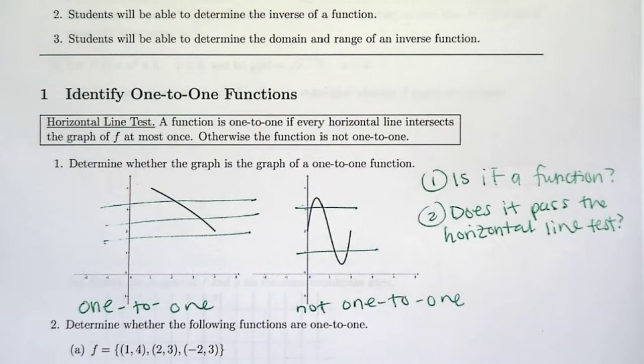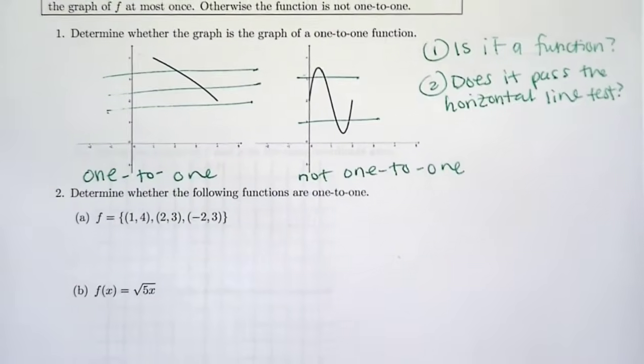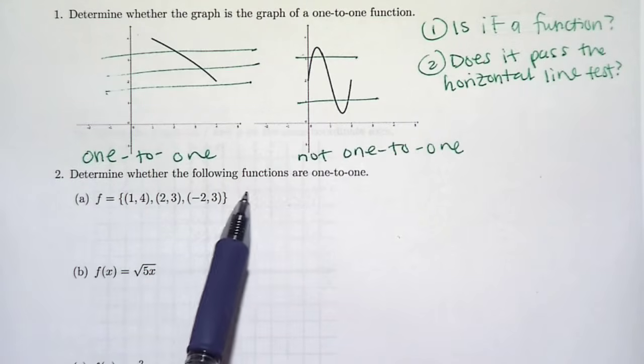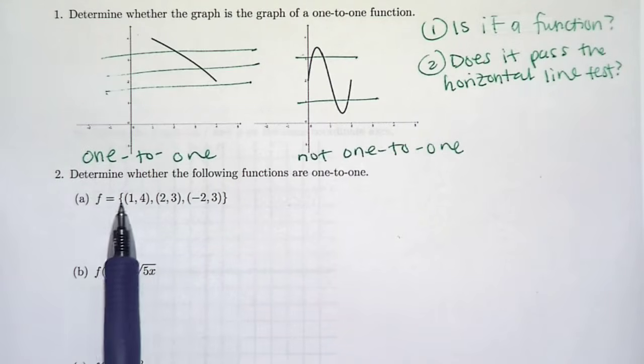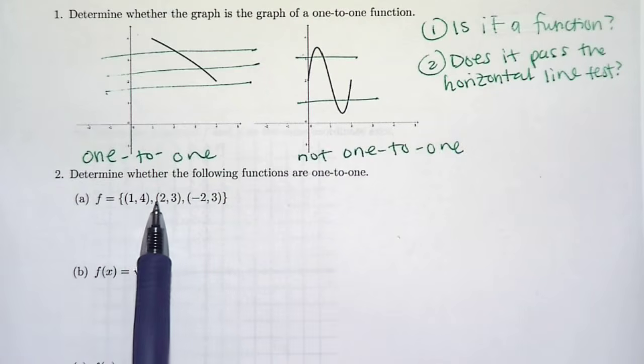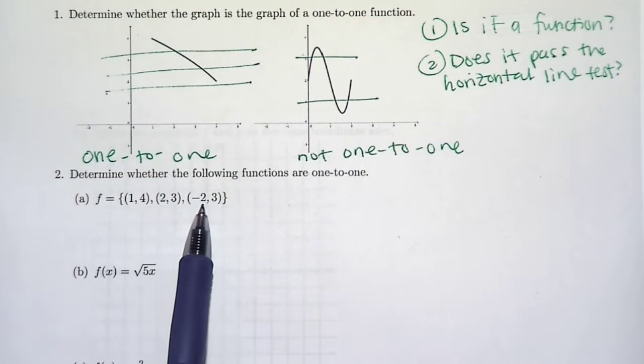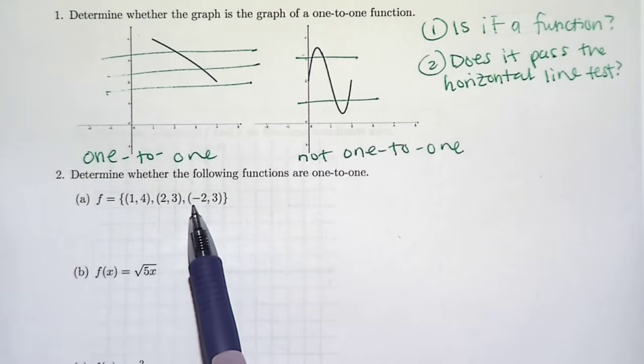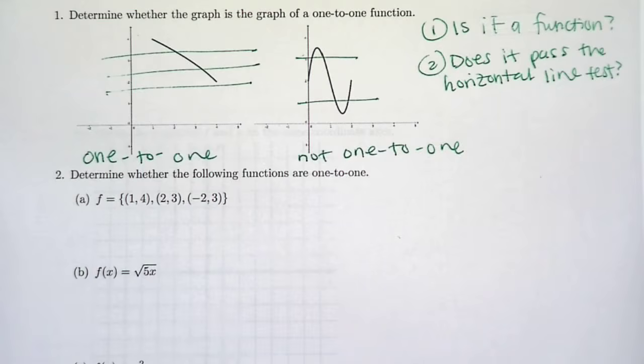Okay, and we can think about this the same way if our functions are listed differently. Let's look at part A, determine whether the following functions are one-to-one. This function is just the points (1, 4), (2, 3), (-2, 3), and I can already tell that this is not one-to-one just by looking at these points. 2 goes with 3, but also negative 2 goes to 3.